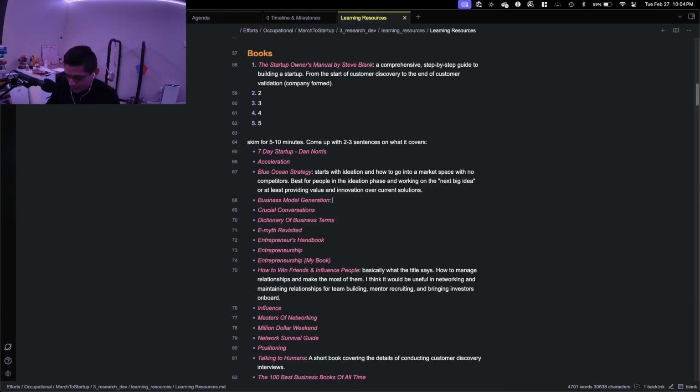There are plenty of summary articles online if you're curious what the business model canvas is. This basically goes over that in a very visual way, lots of visuals. The book is designed really well. So if you want something a little bit quicker than the Startup Owner's Manual, this could be something that you reference as opposed to the Startup Owner's Manual.